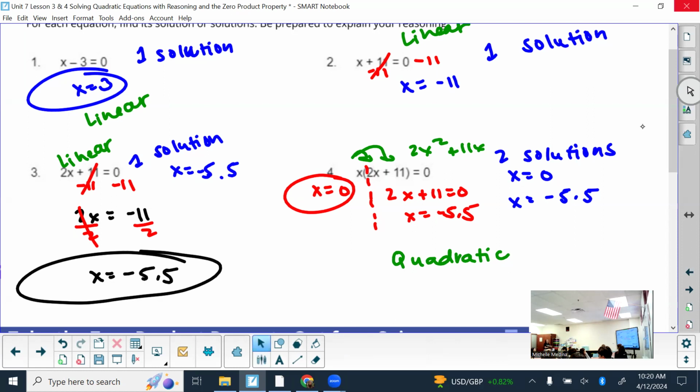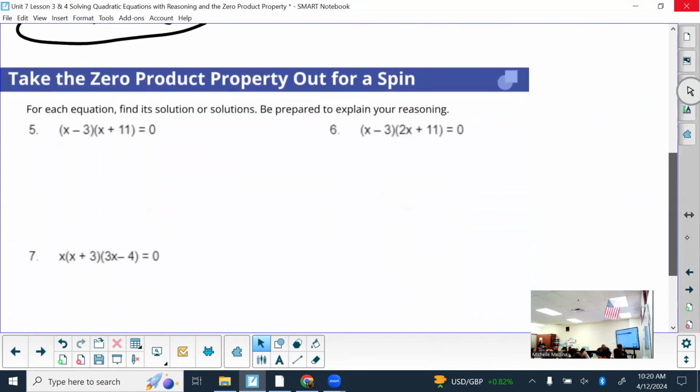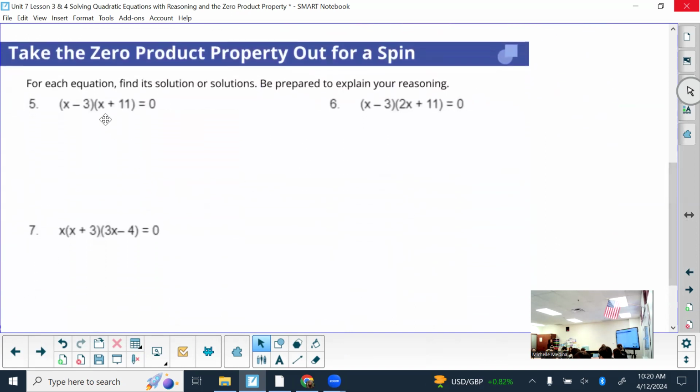So then look at number 5. Where am I? Who's next? 8, I think. So looking at number 5 from the set, what are my solutions for this one?